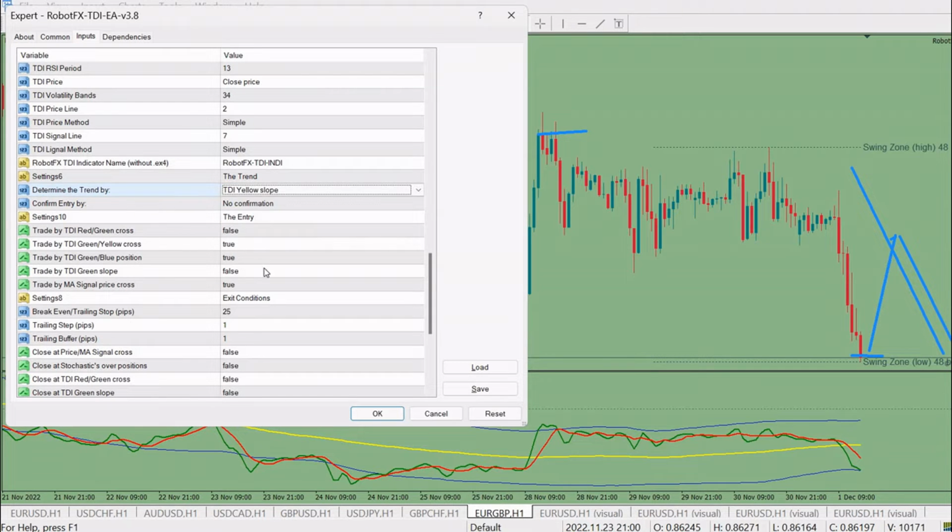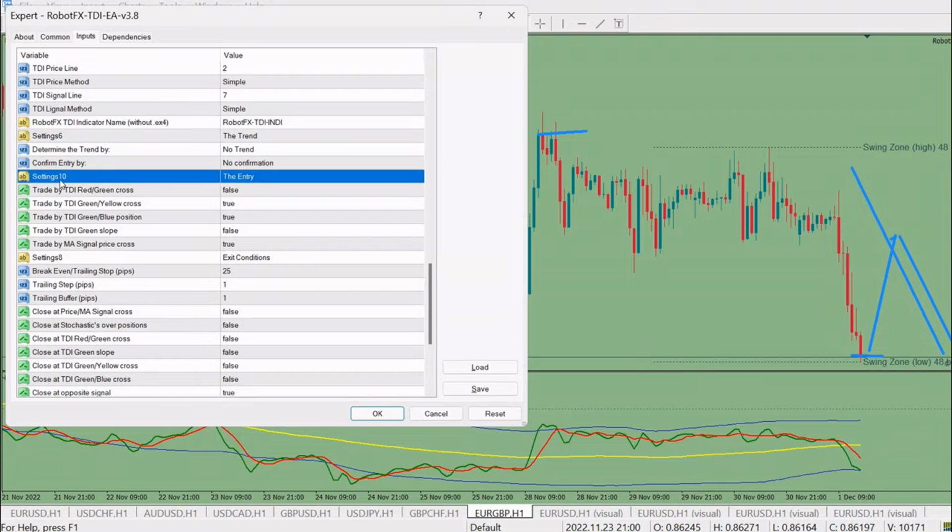It is up to the trader to decide how they want to determine the trend. And if you don't want to use a trend detector at all, just set this to no trend, and then the expert advisor will open trades only according to the trading signals that are under settings 10, the entry.